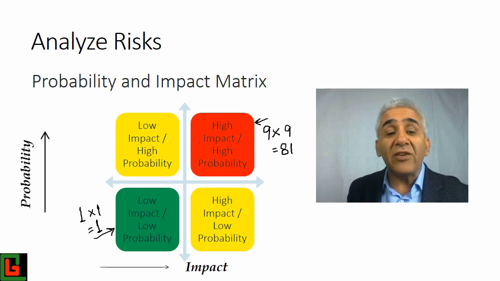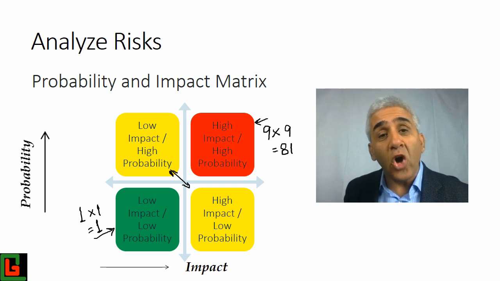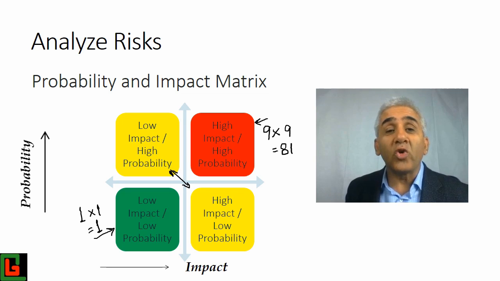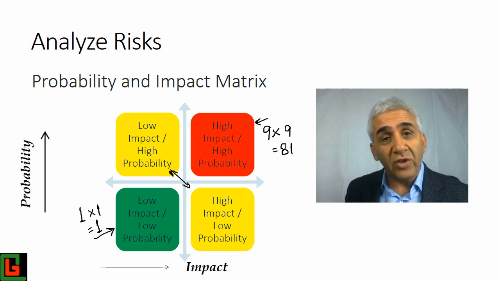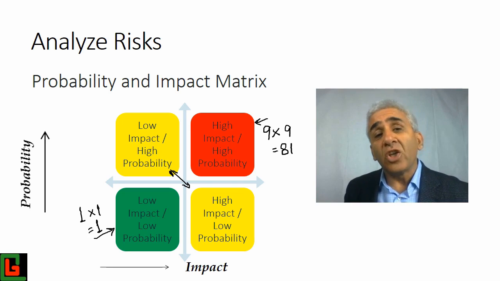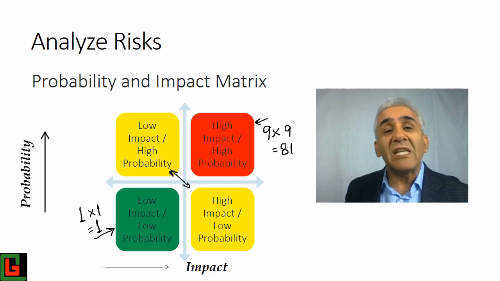Anything in between these would fall under these categories, which are yellow. So either the probability is low or the impact is low. Those are shown as yellow boxes. So these yellow boxes you probably might attend to, or maybe you will just keep an eye on these types of risks and see, as needed, when you need to take action on that or not. Green ones, probably you will just ignore for the time being because these are low value risk, low probability risk.